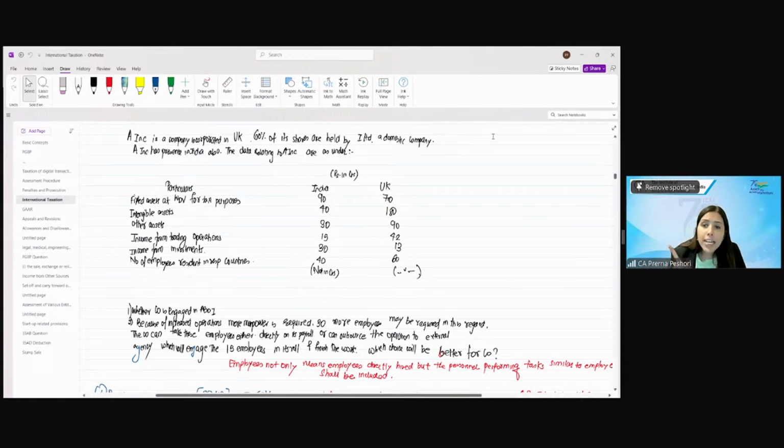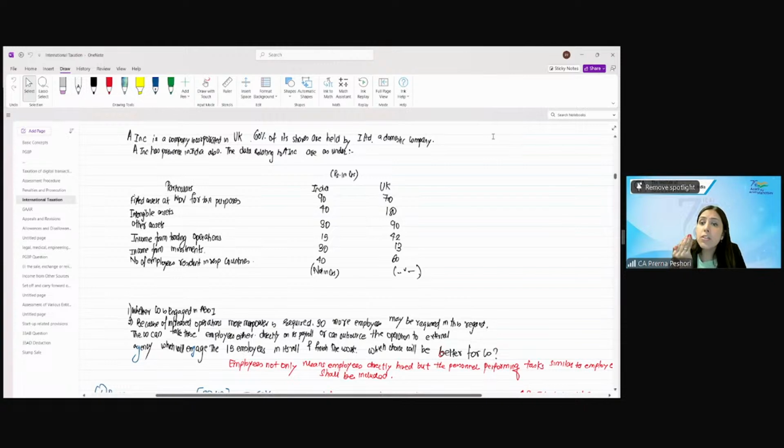Now, if you recollect, I had a discussion with you on this same point. Here the company is seeking your opinion on what is better for the company, whether it should engage 30 employees on its own payroll or hire 15 employees externally. And would that have any implication on the POEM applicability?